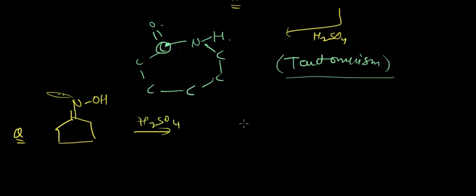What will happen is, first we'll be getting this ketoxime from this ketone molecule. One of the carbon atoms would be migrating to the nitrogen atom, and as a result we'll be getting a 6-membered ring.